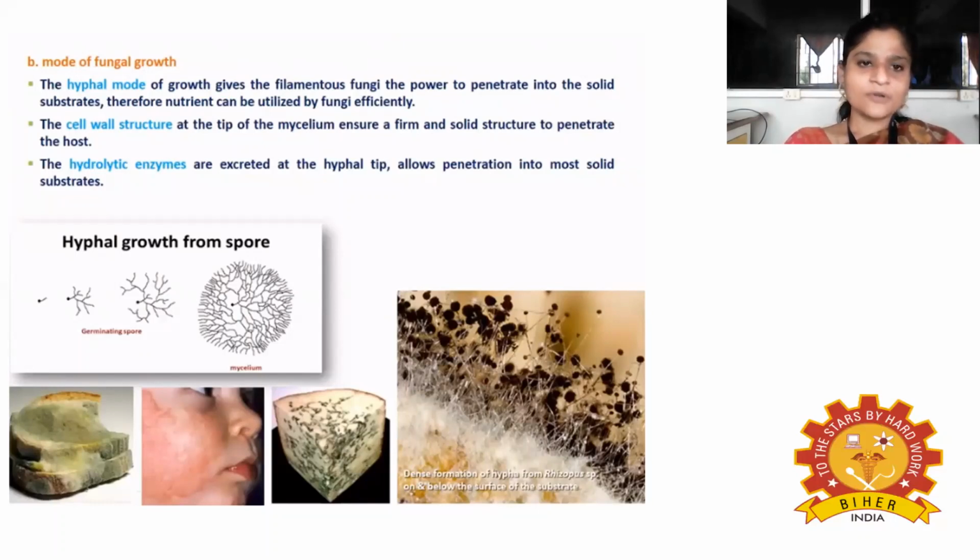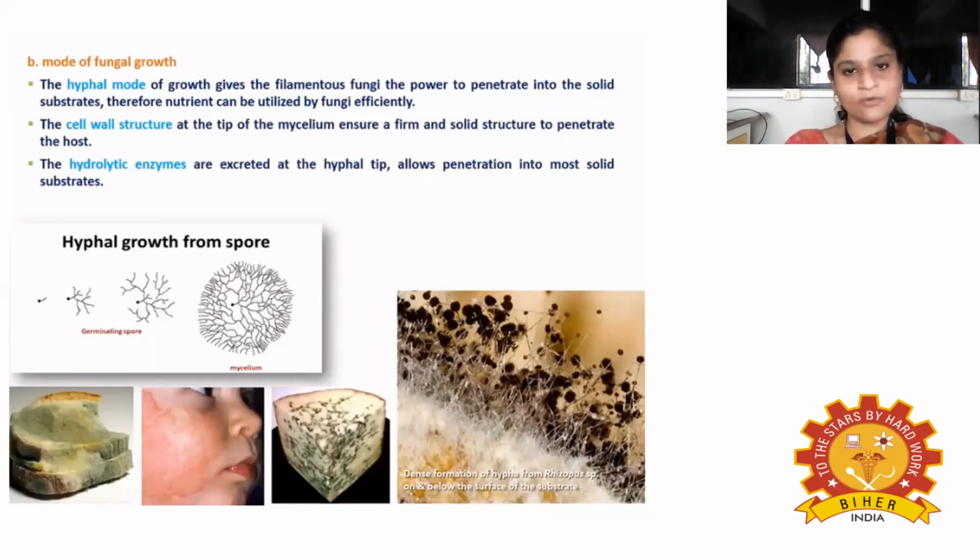So basically, what we have to understand here is, if you are going to use any filamentous fungi, then the penetration of your organism into the surface of your substrate is going to be very, very easy. Because of this penetration, the nutrients from the substrate can be fully utilized. Once an organism is completely getting nutrients, the growth of the organism will obviously be very good.